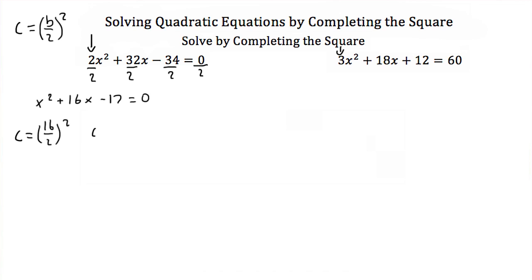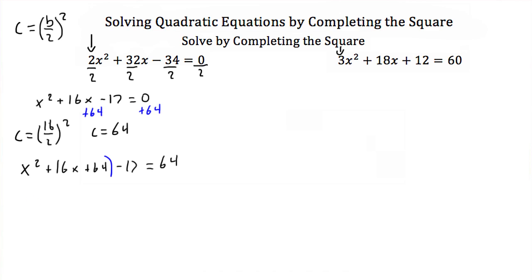So my c is equal to 64, because 16 over 2 is 8, and then square 8, you get 64. So what I'm going to do is add 64 to both sides. If I do that, I'll end up with x squared plus 16x plus 64 minus 17 is equal to 64.